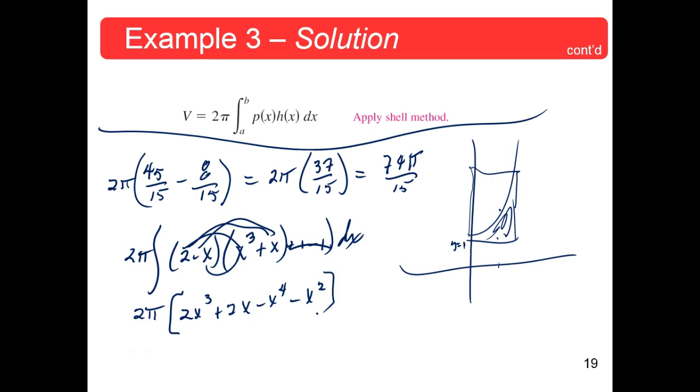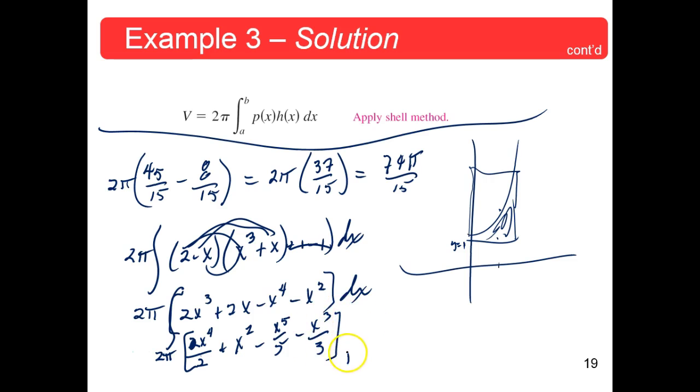Okay? That's our integral dx. And then this will be 2x fourth over 4, times 2 pi, plus x squared, right? I hope I'm doing this right. Minus x fifth over 5 minus x cubed over 3.